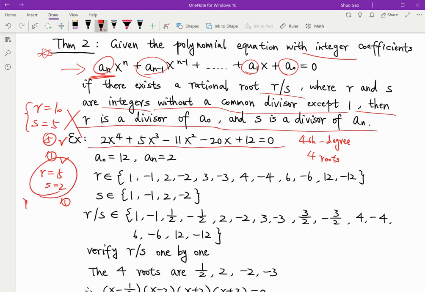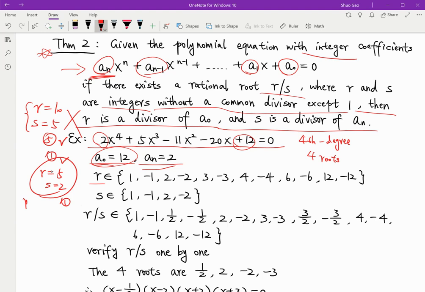The way we do this is to first write out what is A0 and what is AN. So here in the example, A0 is 12, just the constant term, and AN is 2, right? AN is the coefficient of the highest degree x. And so if there's a rational root, R should be a divisor of A0. In this case, a divisor of 12.